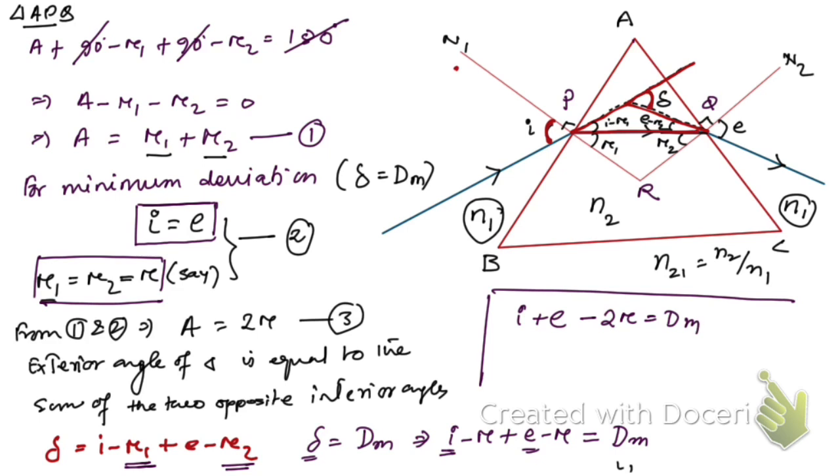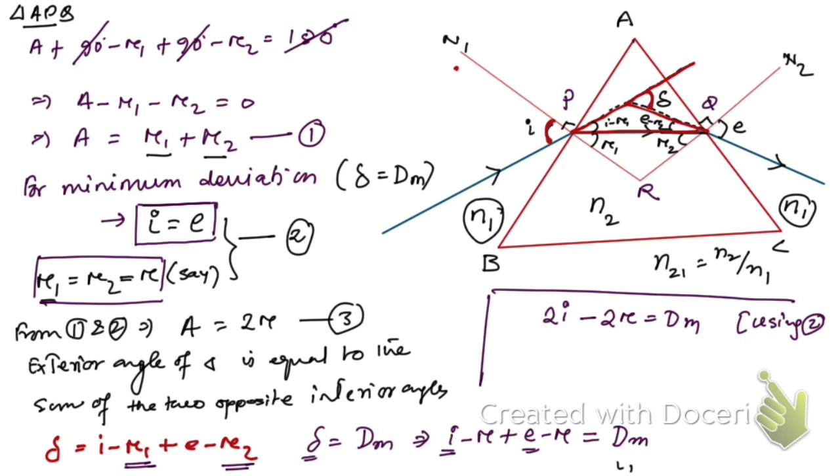Now from equation number 2, I is equal to E, so we can replace E as well. We can write I plus I, so it's going to be twice I, using equation number 2, right? Hope you have understood this.